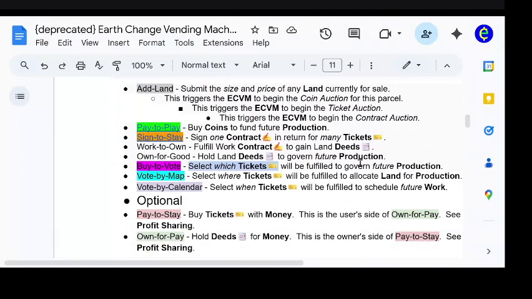You try to figure out if a lot of the people on your parcel are going to want, say, bread. You're like, okay, guys, we're going to issue the tickets for bread, but bread requires contracts and deeds for each step in that production, right? For the farm, you need a contract. For the mill, for the bakery. Similarly, you need the deeds that own the land along the way.